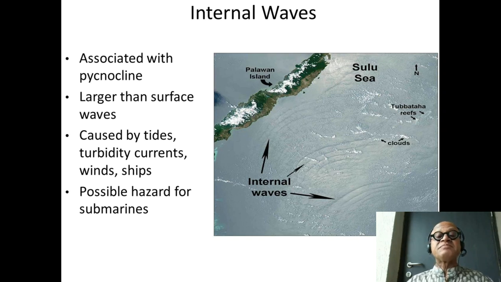Nonetheless, that adjustment does happen, and what this is showing is a surface image captured, let's say, by a satellite, showing the ripples in the sea level caused by the large, tens of meters movement of density surfaces.